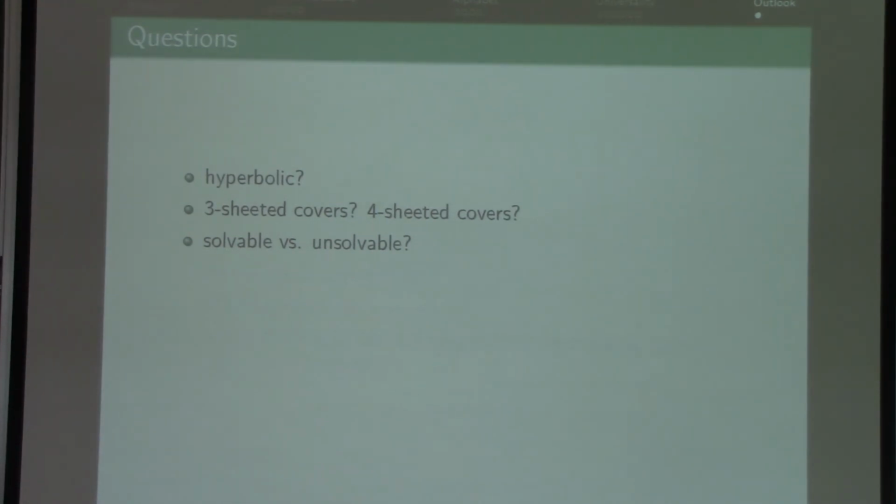Arnaud alluded to this, that this is a constraint satisfaction problem, and those things are all either NP-complete or in P. So is there a clean dichotomy in terms of the group G that tells you the complexity? Are solvable groups easy and unsolvable groups hard? And how large is large enough? How big do we have to make G? So there's some group theory lurking there.